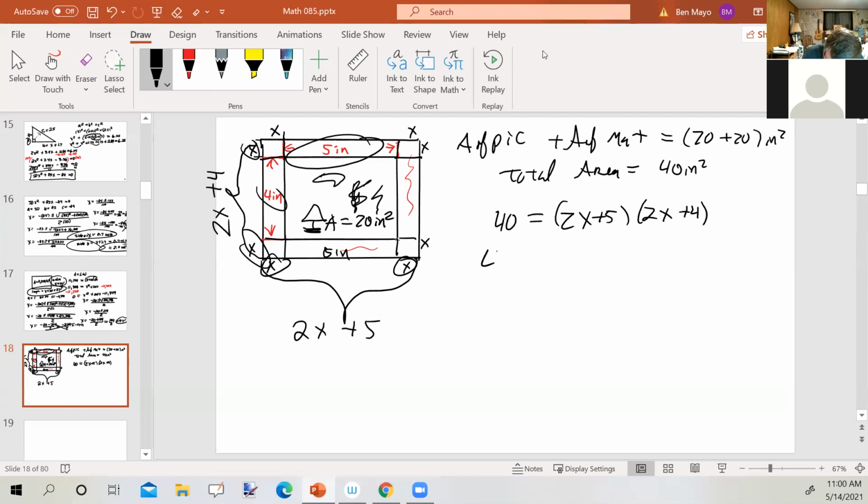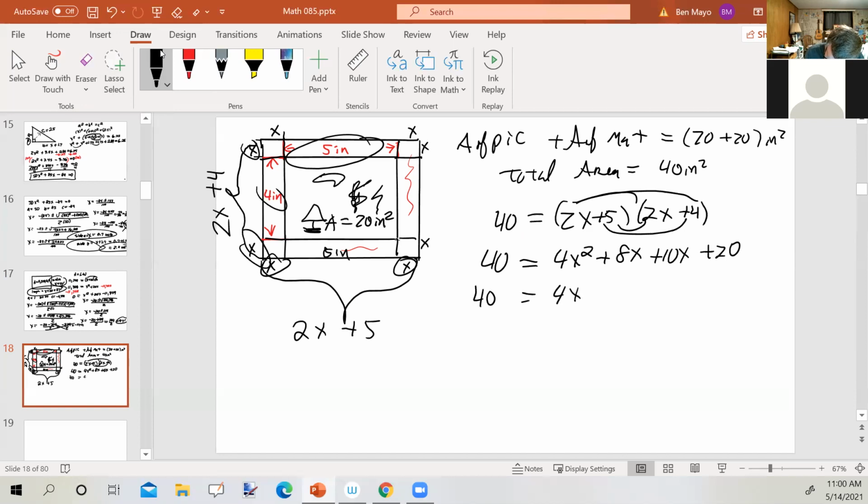Right. 40 equals 4x squared plus 8x plus 10x plus 20. 40 equals 4x squared plus 18x plus 20.